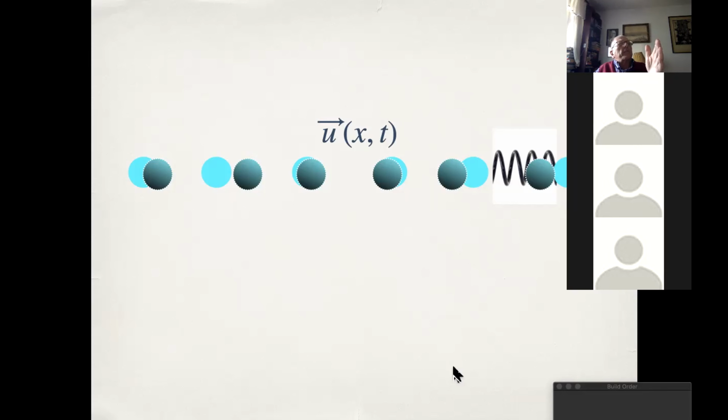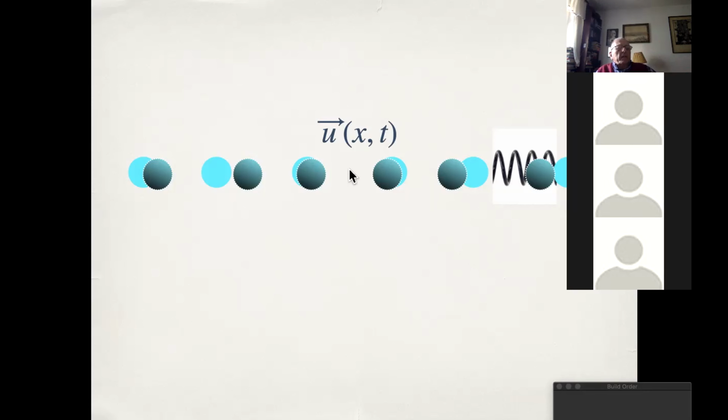We can apply the force such that the first atom moves a fraction of a centimeter, the second moves a fraction of a millimeter, but in the opposite direction, the third half a centimeter, yet again in the other direction. And also, the force might be time dependent.